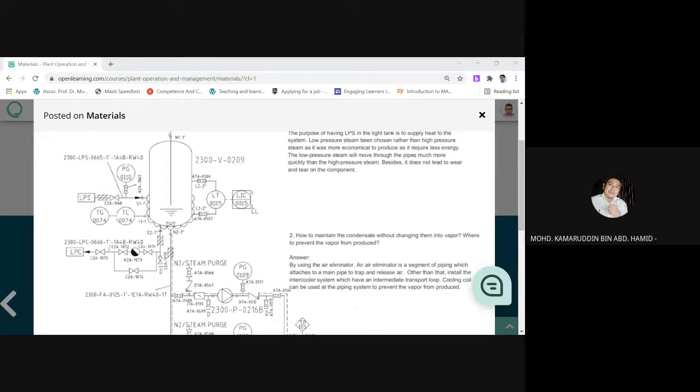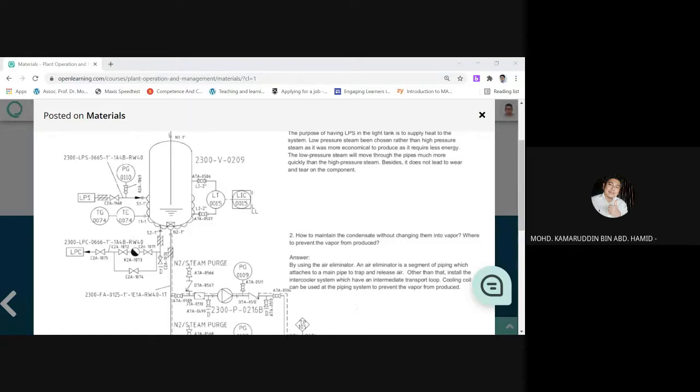Using the air eliminator. Apa benda air eliminator ni? The one thing that you may add here, the one equipment that you may add here, we call it steam trap.